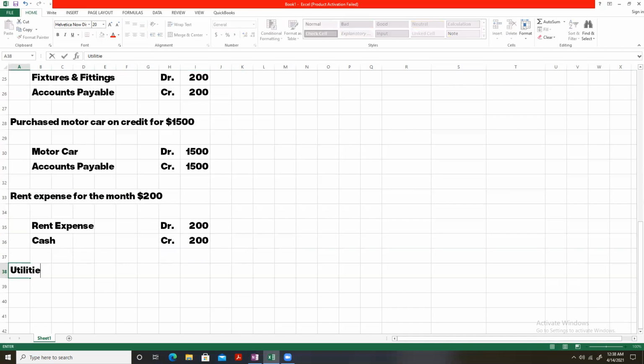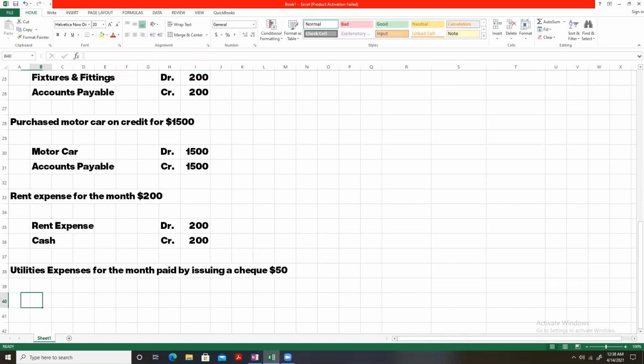Similarly, there is another transaction: utilities expenses for the month, paid by, let's suppose, issuing a check of $50.